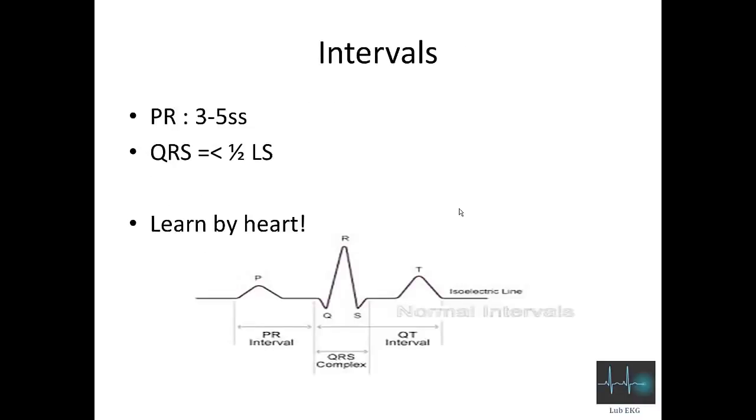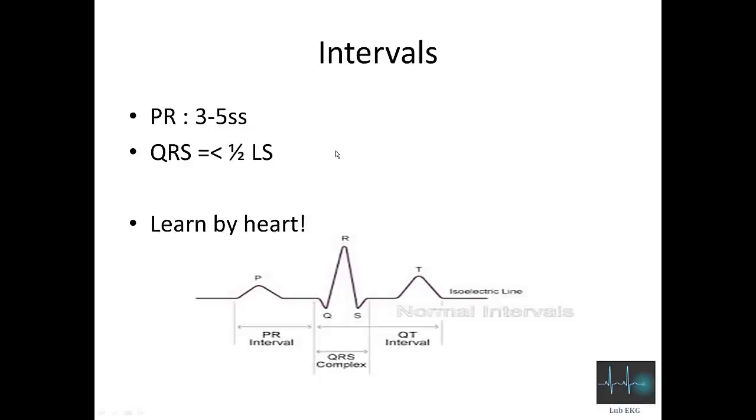Talking about the intervals, this is just something you have to learn by heart, because you really have to know it. Let's start. The PR interval, which is from the start of the P wave till the start of the Q wave, is supposed to last from 3 to 5 small squares.